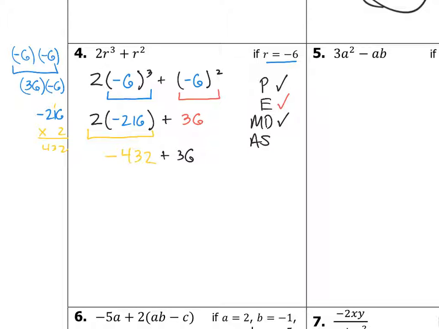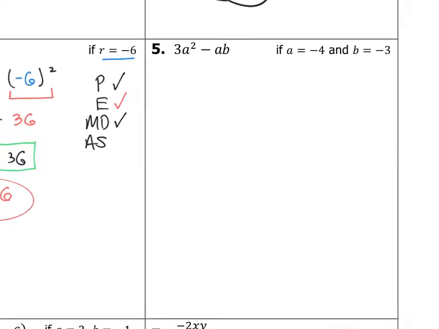Now that that's done, my last step is to combine negative 432 with positive 36. I have different signs here, so I'm going to subtract those numbers. So 432 minus 36 gives me 396, but this is going to be a negative, so my answer here is negative 396.